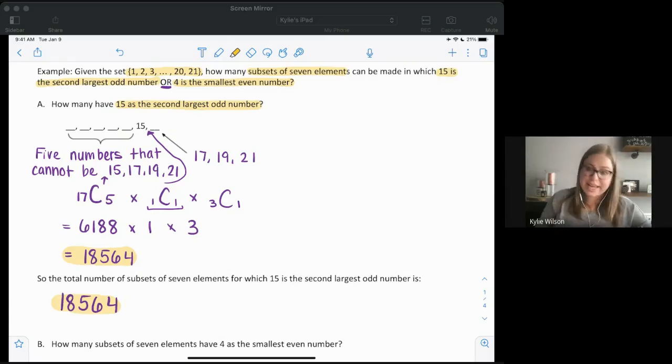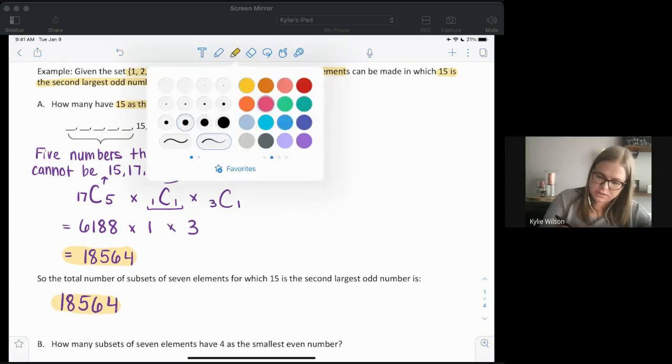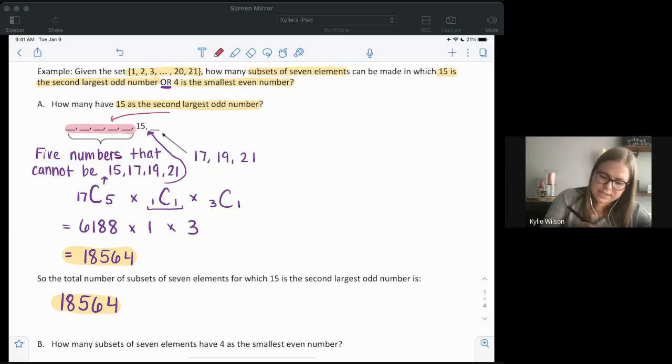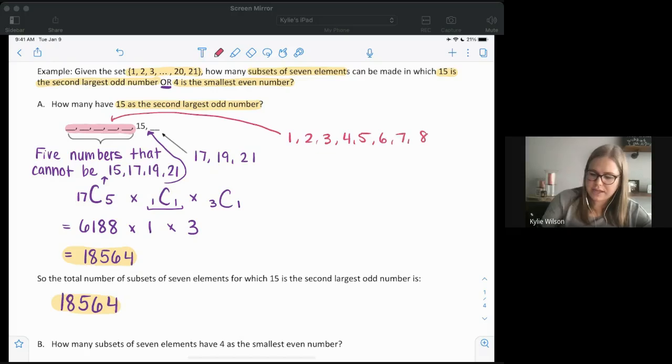Where did I get the first one from? So this one comes from all of the possible options that could go here. All of the numbers that could go in this area could be 1, 2, 3, 4, 5, 6, 7, 8, 9, 10, 11, 12, 13, 14.